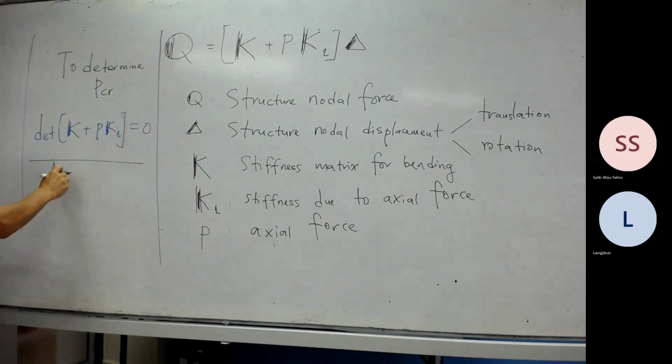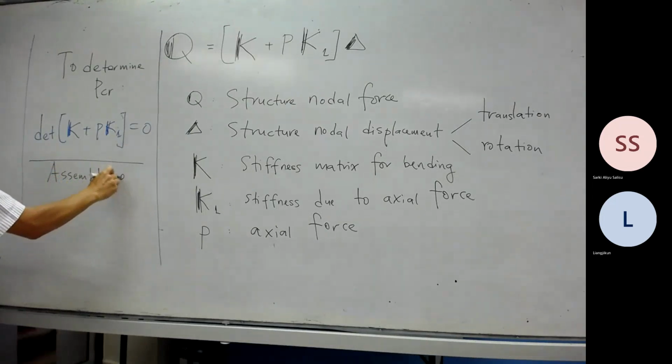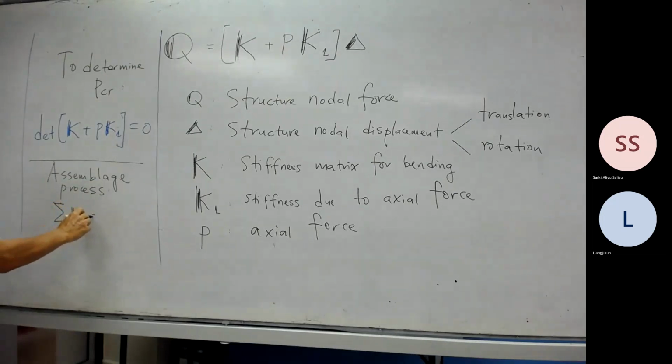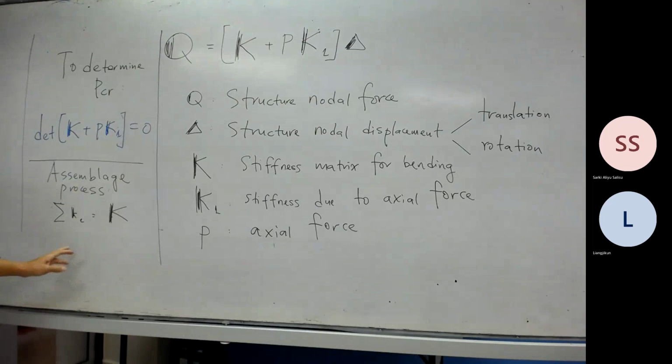The assemblage process is one thing that you need to go through in order to get to that big K, which is basically we try to combine all the K of the elements into the big K. So this process we have gone through, where you need to do coordinate transformations in order to get to this big K. And this is also a very time-consuming process because there are a lot of matrix multiplications involved.